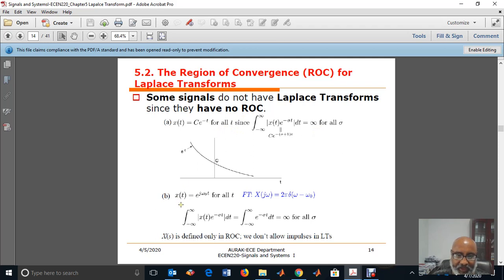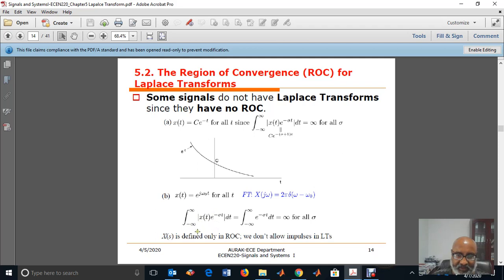And for example, another signal x of t equal to e raised to j omega naught t. From our study of the Fourier transform, X of j omega is 2 pi times the Dirac delta of omega minus omega naught. However, if we try to see, the Laplace transform does not exist.